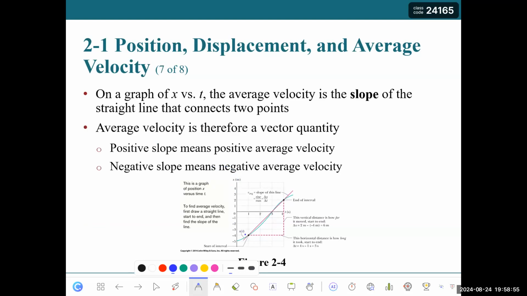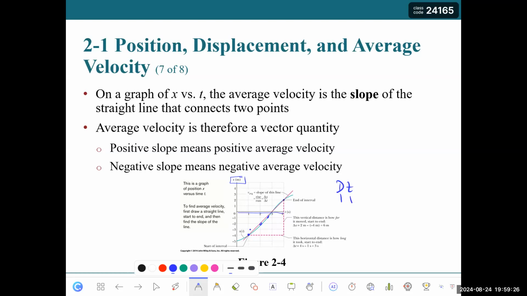We can also draw the displacement and time graph, or you can call it the x-t graph. In the graph, what you have to do is put the time on the x-axis and put the displacement on the y-axis. If you pick any point, that's what you call instantaneous velocity.